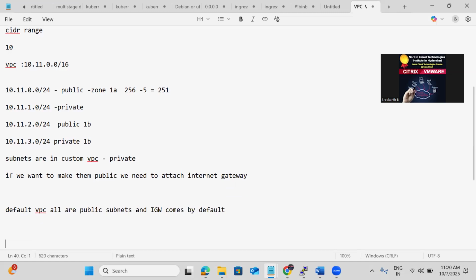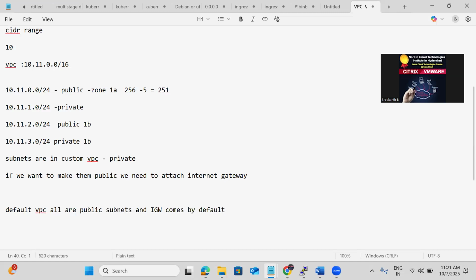In the custom VPC, what's happening? By default, those are private. We need to attach an internet gateway to make the subnet public. The internet gateway needs to be attached, then only it will become a public subnet.